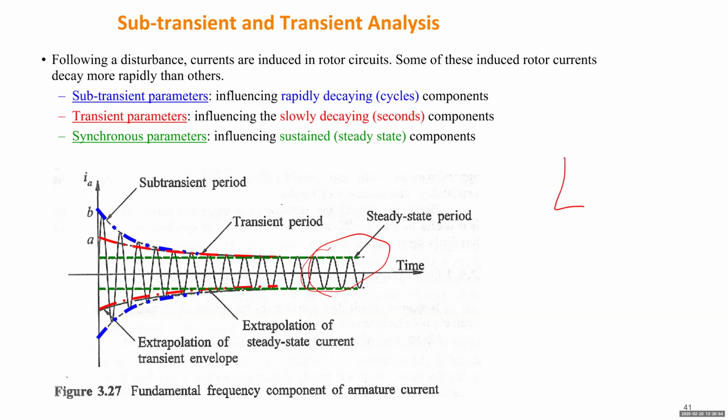If you see some inductance with double prime, this is sub-transient dynamic. It could be a reactance or a time constant with double prime. Or a transient parameter means there's some transient dynamics. They can be categorized by L prime, X prime, or T prime, which means transient dynamic parameters.